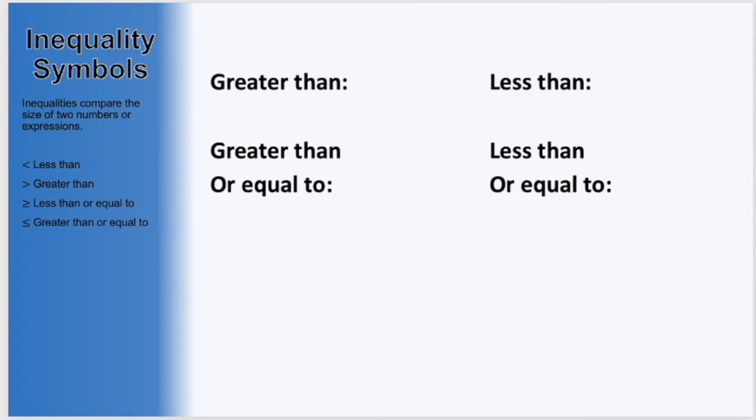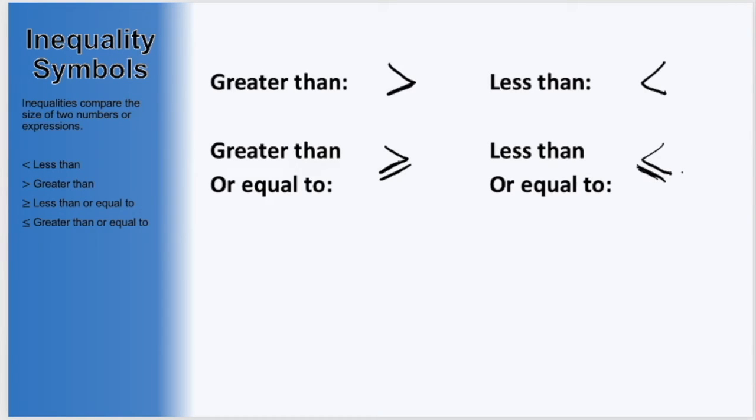When relating smaller and larger numbers symbolically, we make use of the following inequality symbols. The greater than symbol looks like this. The less than symbol looks like this. The greater than or equal to symbol looks like our greater than symbol, but with an extra line under it. Then our less than or equal to symbol looks like our less than symbol, but with an extra line under it.